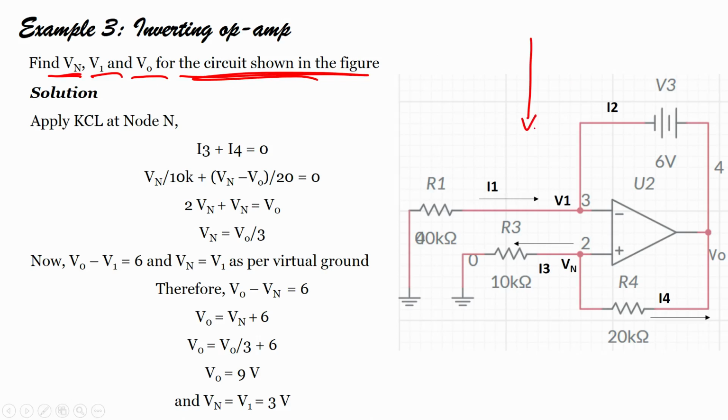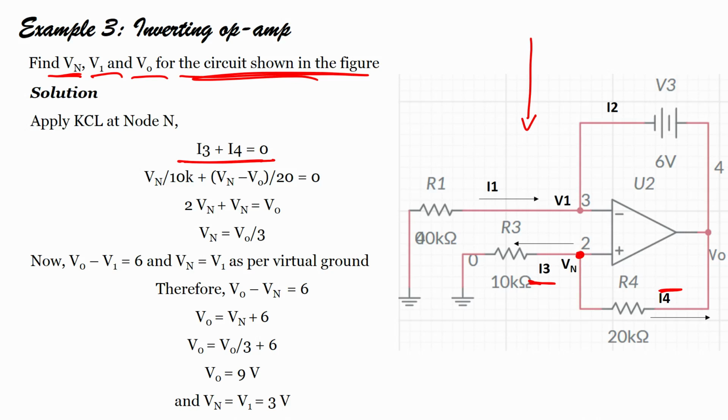First at node N, I will use Kirchhoff's current law, and what will I have? I3 and I4. So, I3 plus I4 equals 0, according to Kirchhoff's current law.